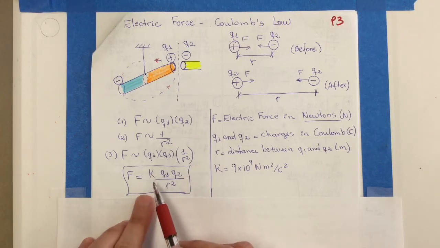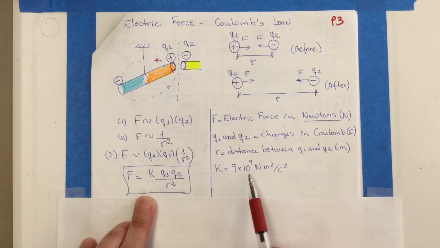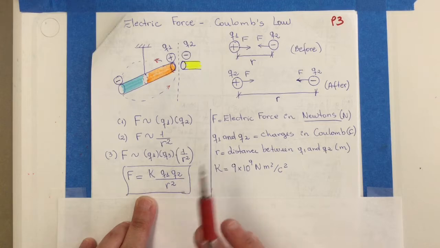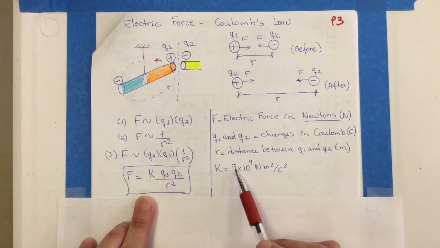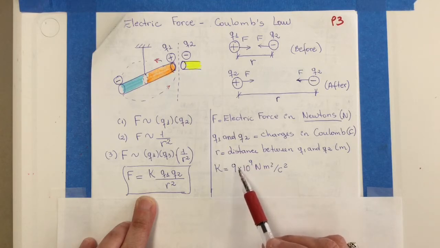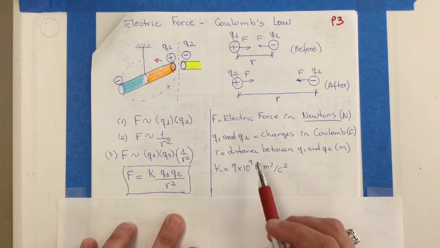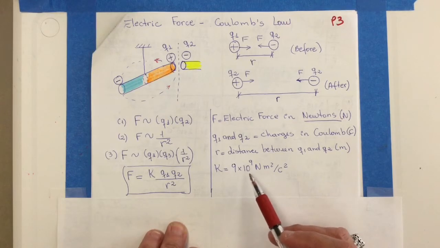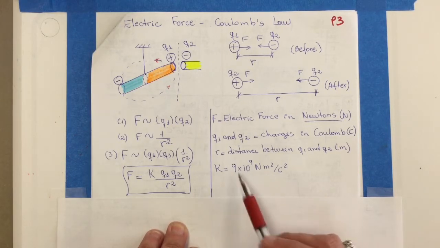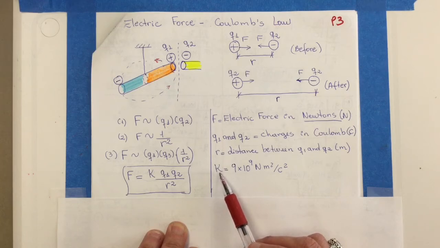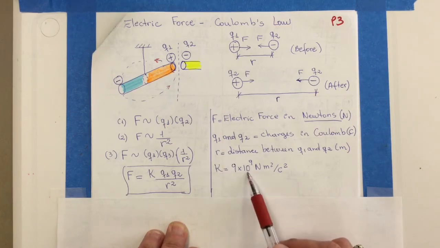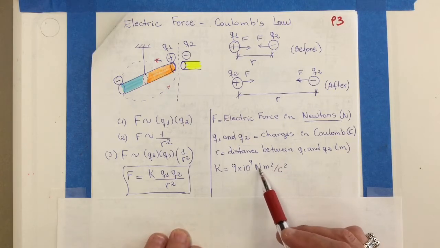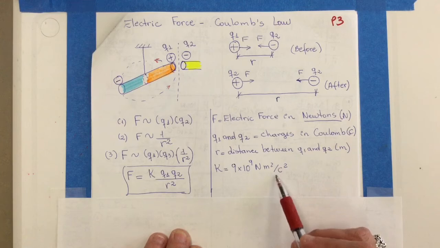Now a constant K was introduced, which is Coulomb's constant, 9 times 10 to the 9. Actually it is 8.99, but for my class I round to 9 to make the calculation easier and make it easier for students to remember. The unit is newtons times meter square over coulomb square.